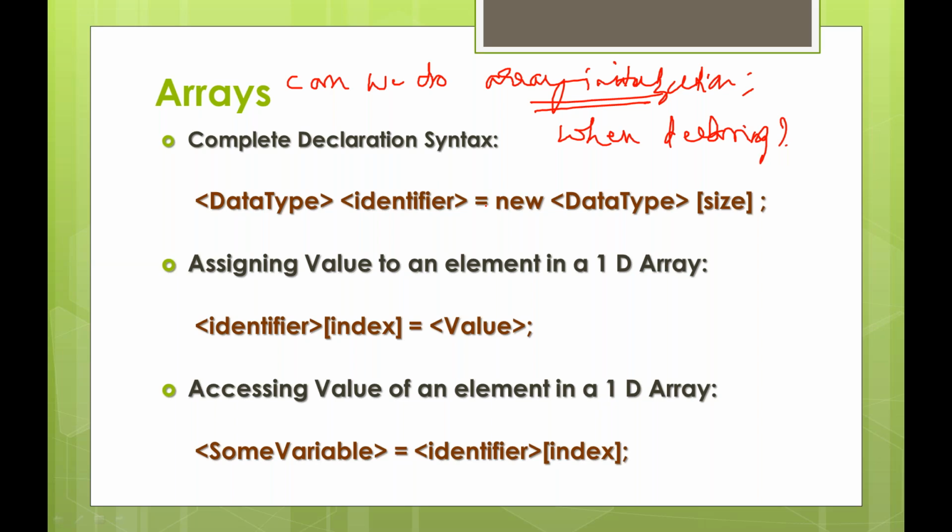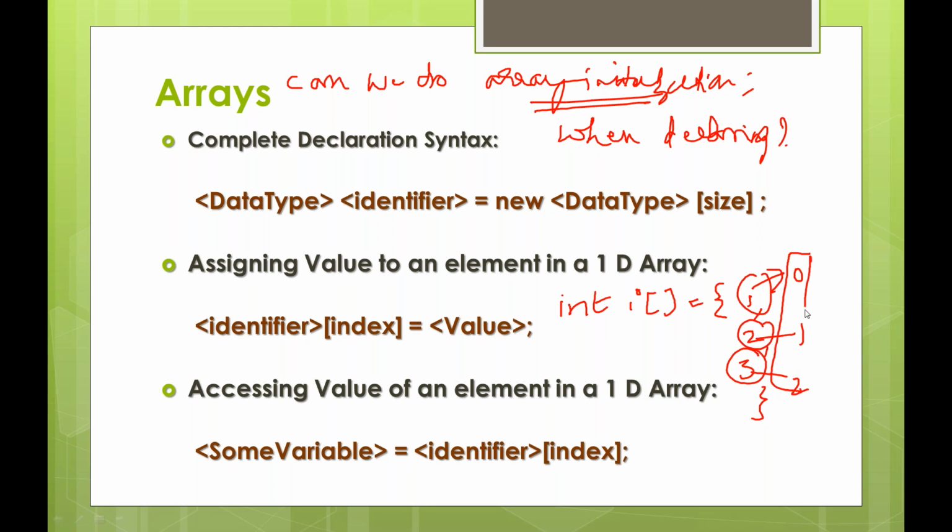Let me do one thing. How can we do it? As I showed, for example, int I, then after equals, whatever values you want to specify, you can specify here: 1, 2, 3. This is the 0th element, this is first, this is second. These are the indexes or indices.